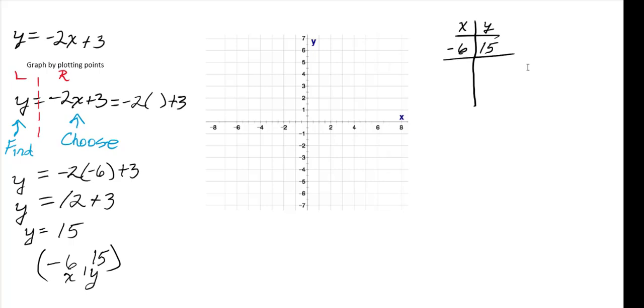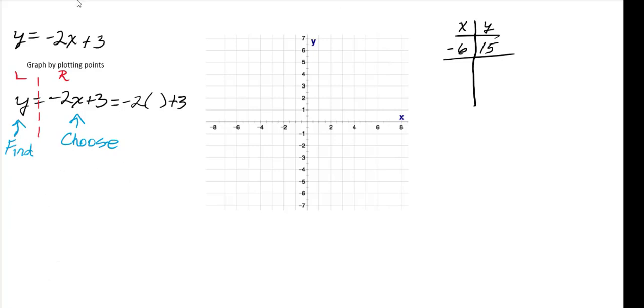Now I want to choose another x value, so I'm going to go ahead and erase this right here. Okay, let's make another choice. I'm going to choose x equals -2. So -2 times -2 plus 3 is going to be our y. So now we calculate: -2 times -2 is +4 plus 3 makes 7.